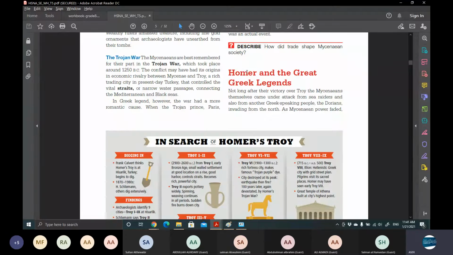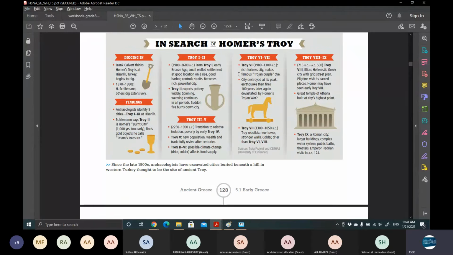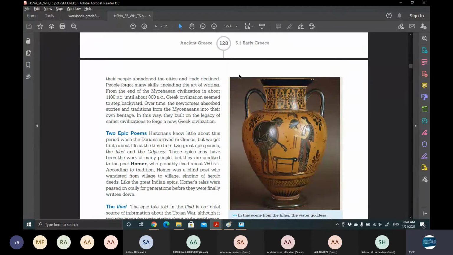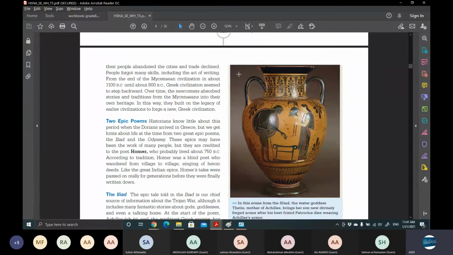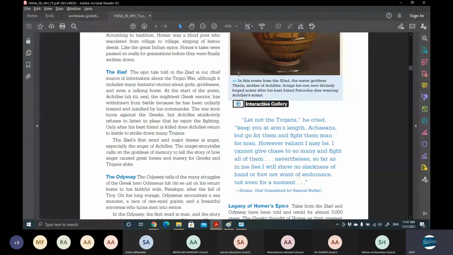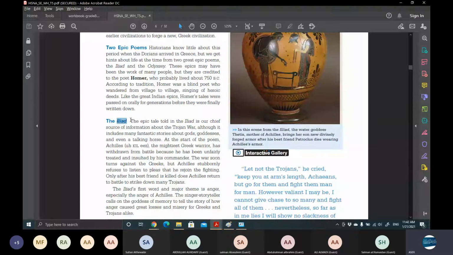Homer told us about the great Greek legends, and the best legend of all was the Iliad, and another one was the Odyssey. These two great epic tales refer to a period that is unknown to us, because after the Mycenaeans declined, they abandoned the city, the writing, and the civilization itself.